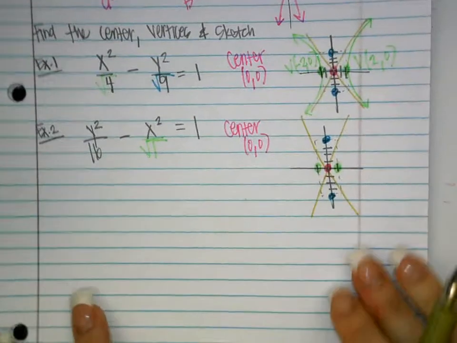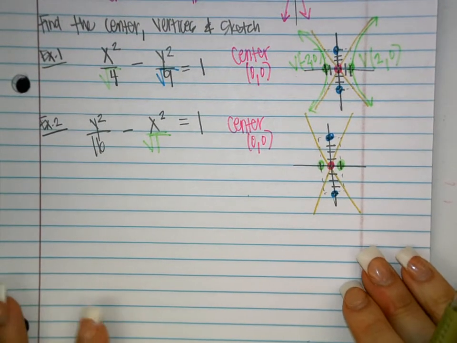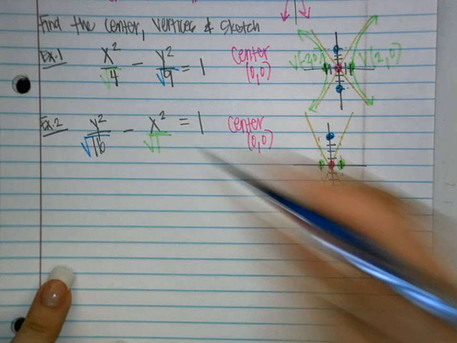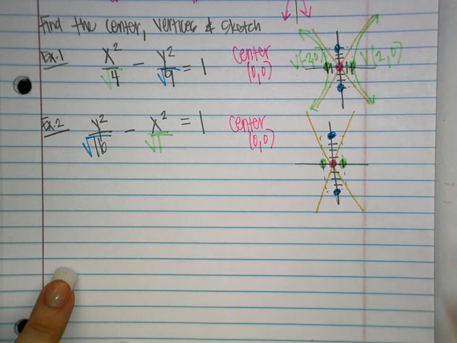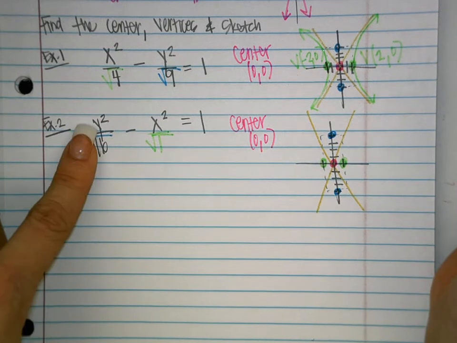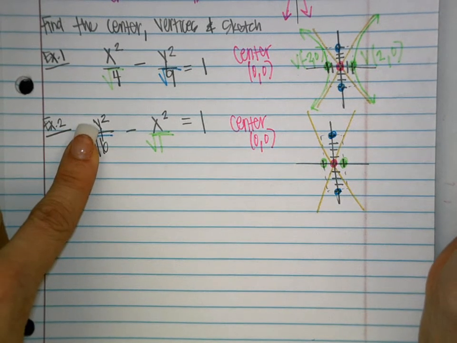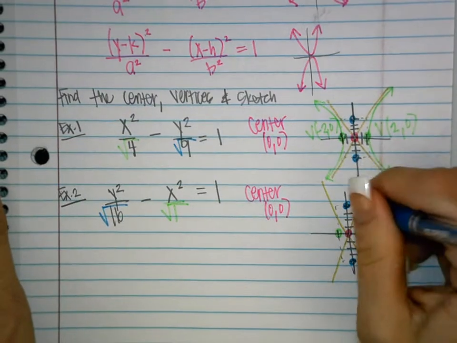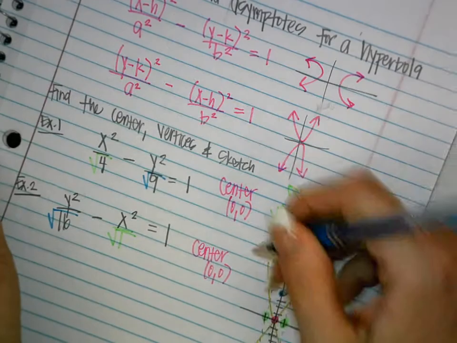Then which way will the hyperbolas open on this equation? Up and down or side to side? Since the y portion is positive, since the y is first, it's going to wrap around the y-axis, which is up and down. They go just to where they meet your asymptotes.